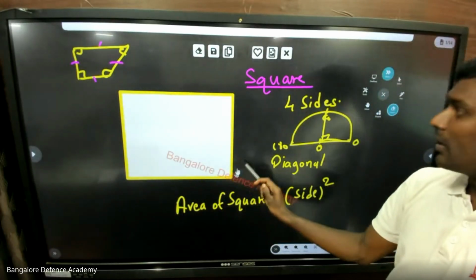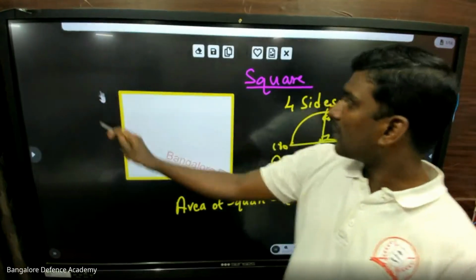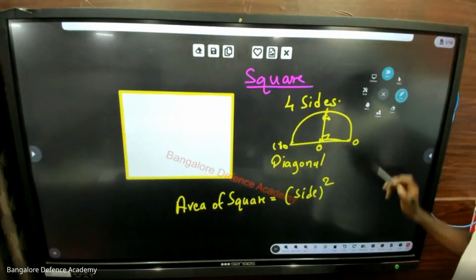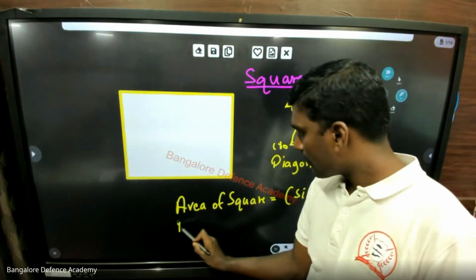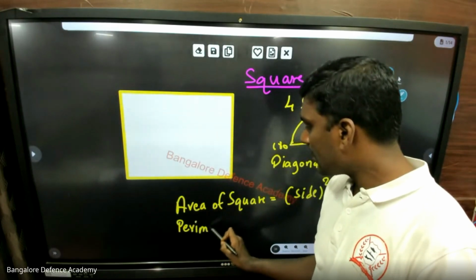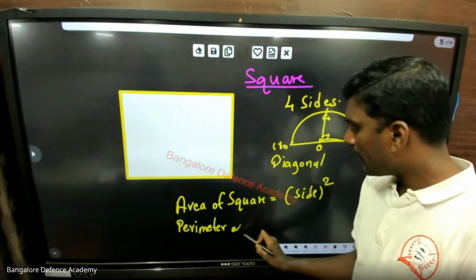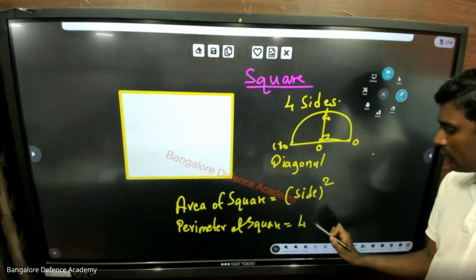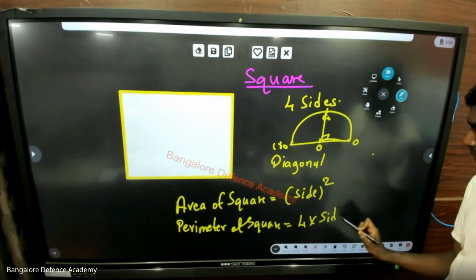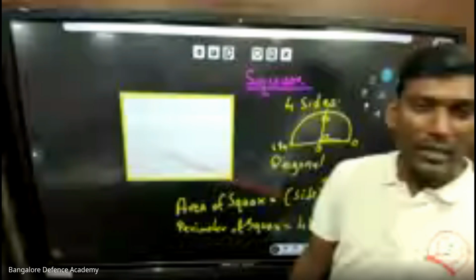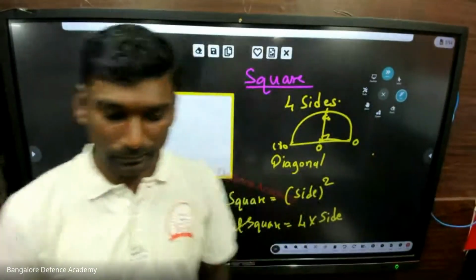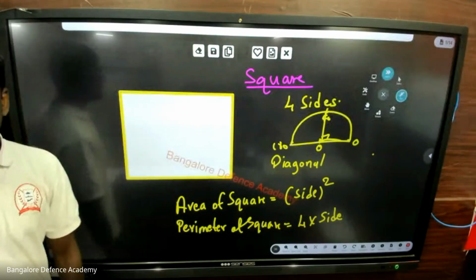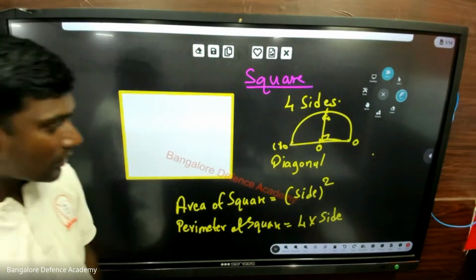Area of square is equal to side square. Next, perimeter of square is equal to 4 into side.